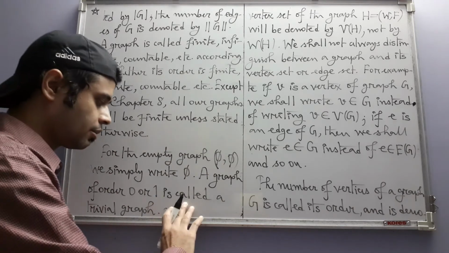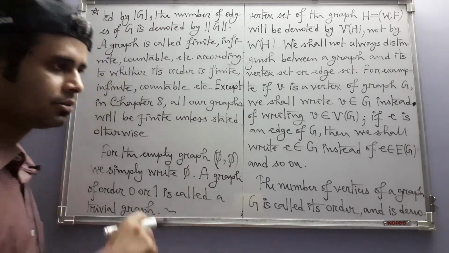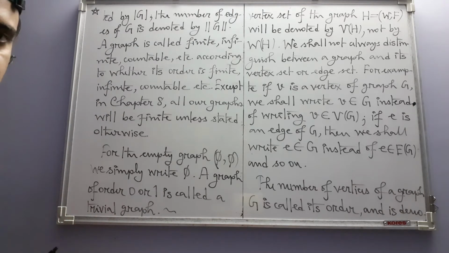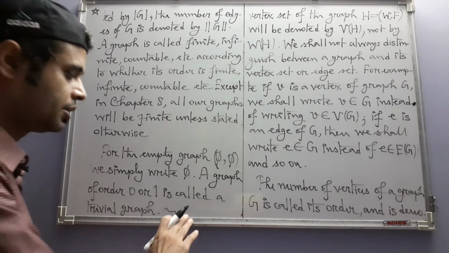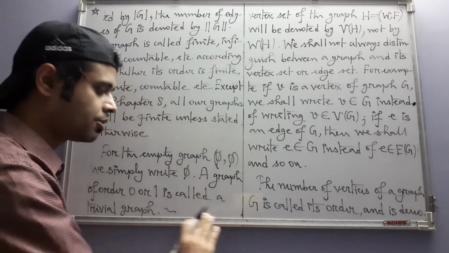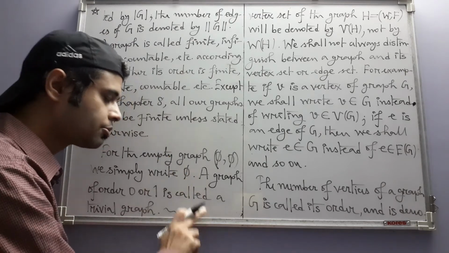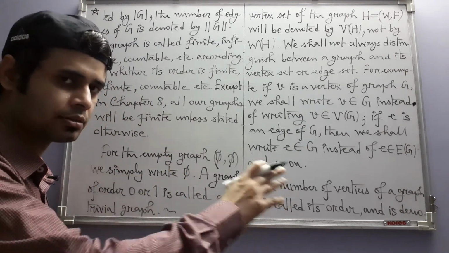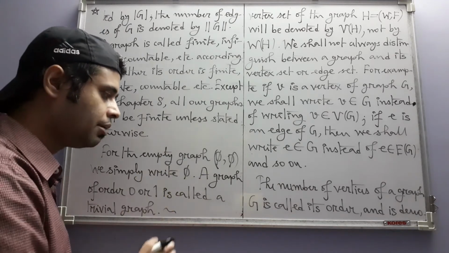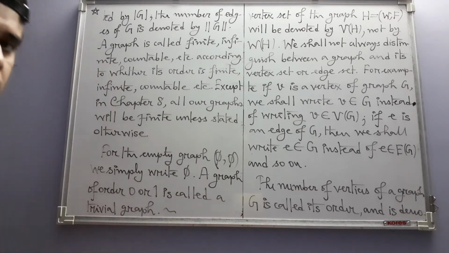To avoid that, we will simply forget about trivial graphs if they don't satisfy a given property. If something has been said about graphs which is not true for trivial graphs and nothing else has been said in the statement, then that will mean that we have disregarded the trivial graph there.